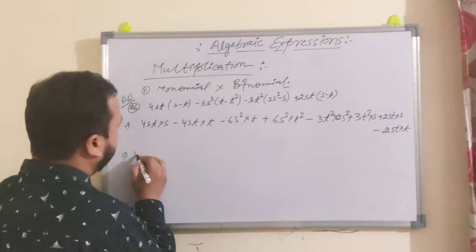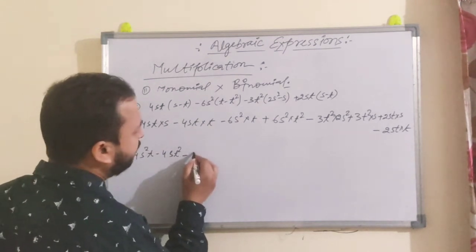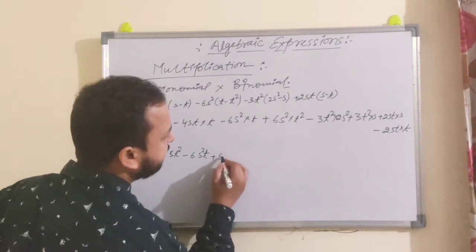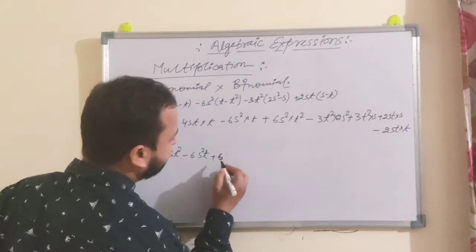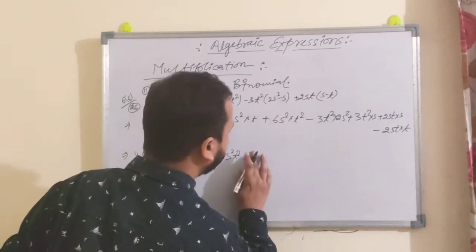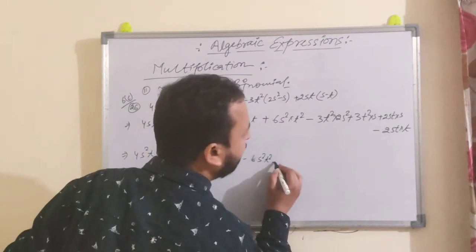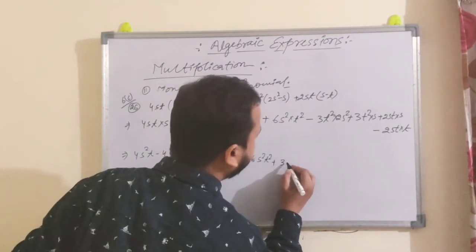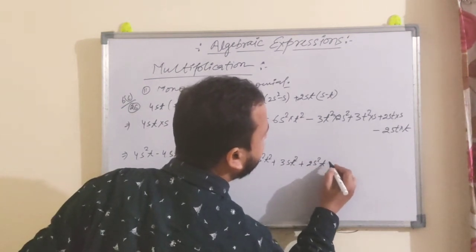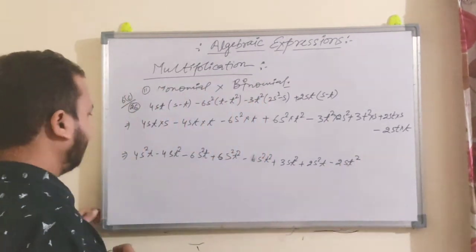Now 4s square t minus 4st square minus 6s square t plus 6s square t square minus 6s square t square plus 3st square plus 2s square t minus 2st square.